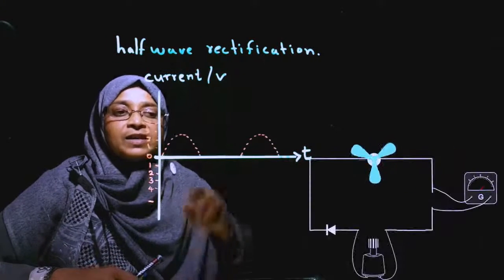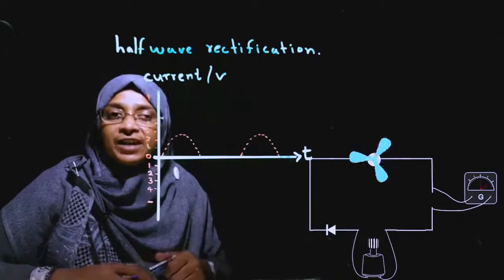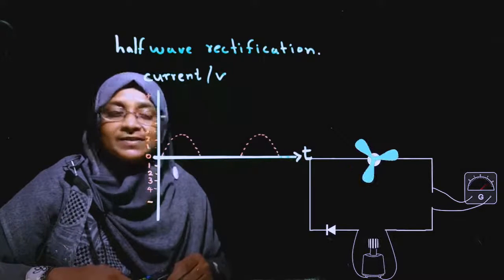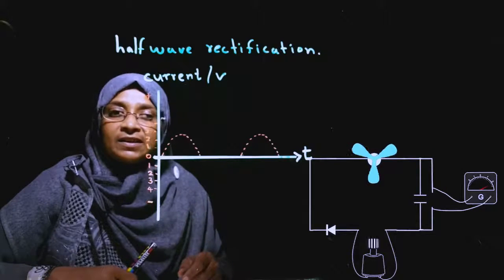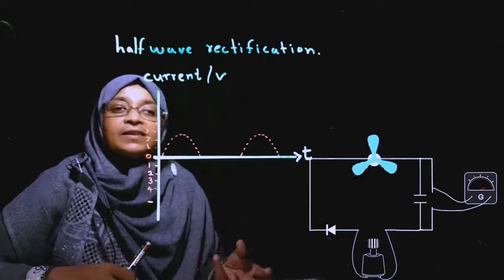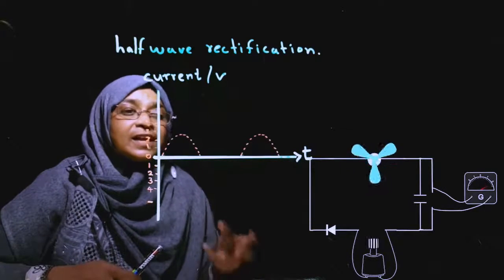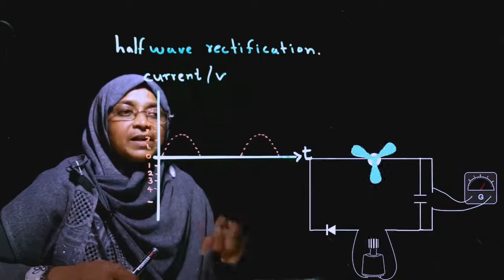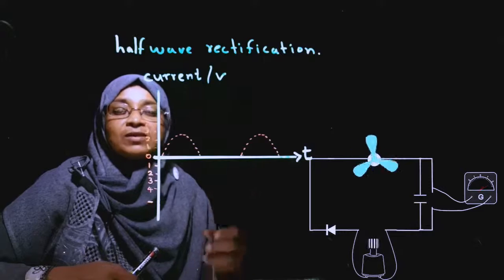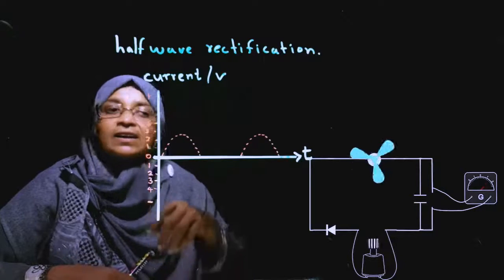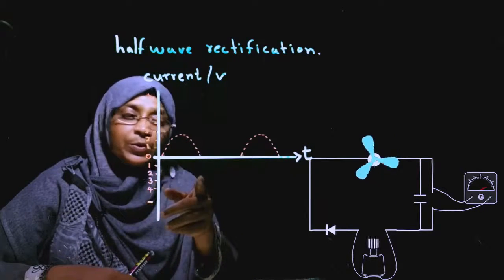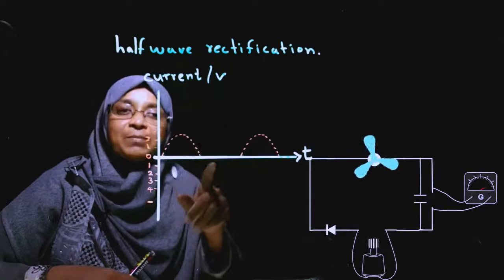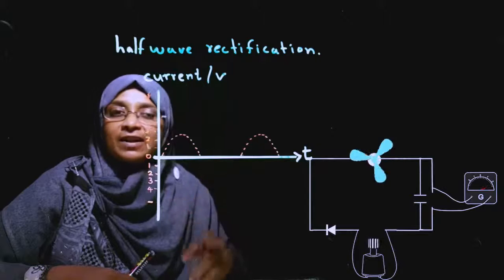To reduce this voltage variation, we connect a capacitor. This capacitor charges, then the capacitor releases the charge. So, the capacitor supplies a small current. When the current drops down to 0 from the alternate supply, the capacitor supplies the small current.